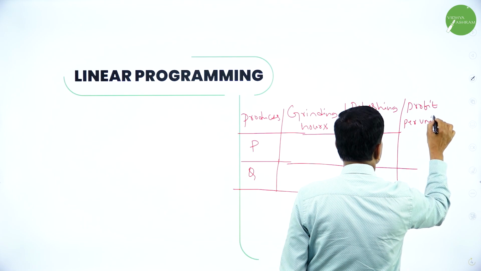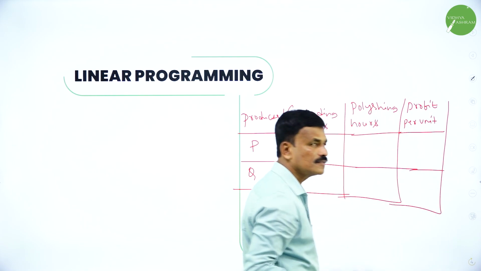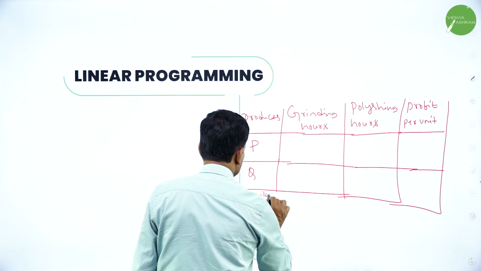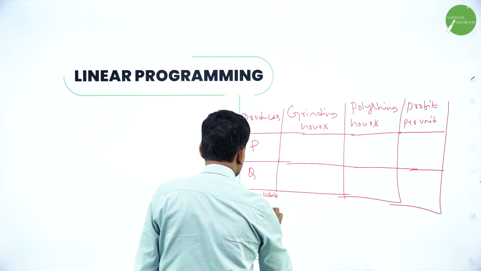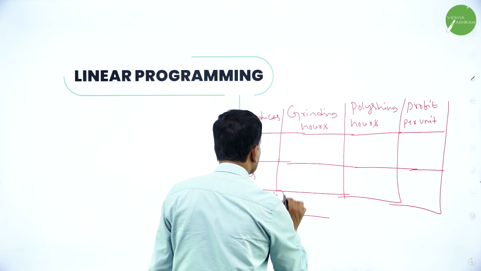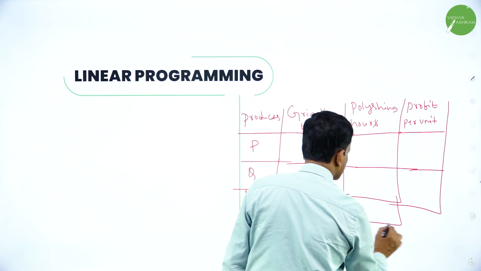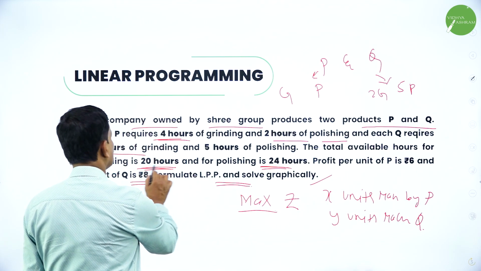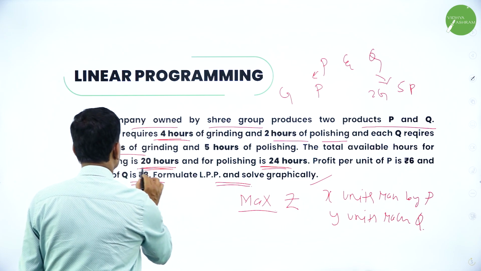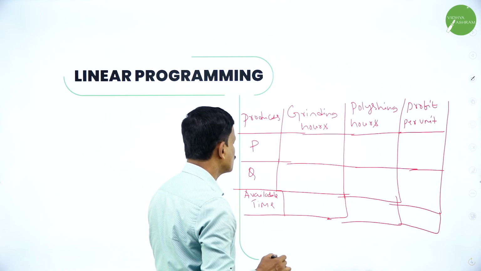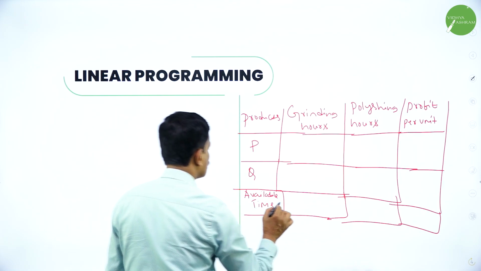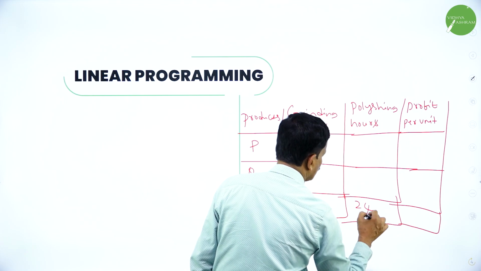Then after this write the availability of time, the available time for grinding and for polishing. The available time for grinding is 20 hours, and for polishing it is 24 hours.